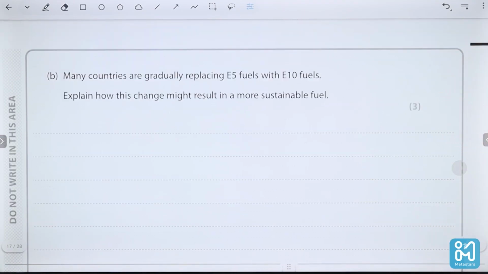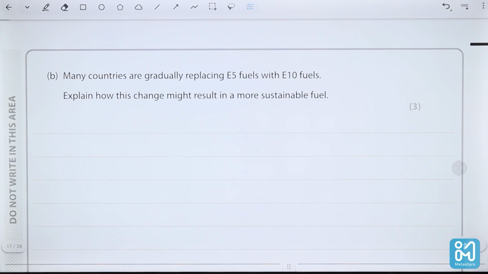Many countries are gradually replacing E5 fuel with E10 fuels. Explain how this change might result in more sustainable fuel.